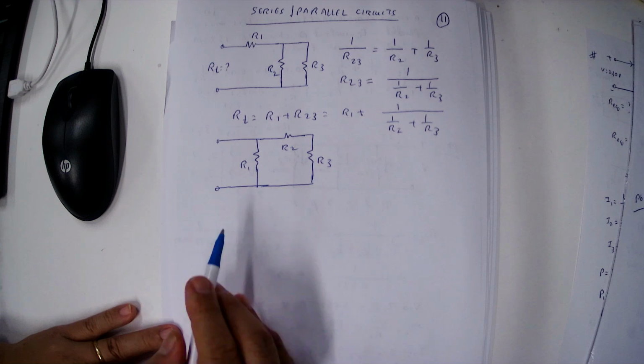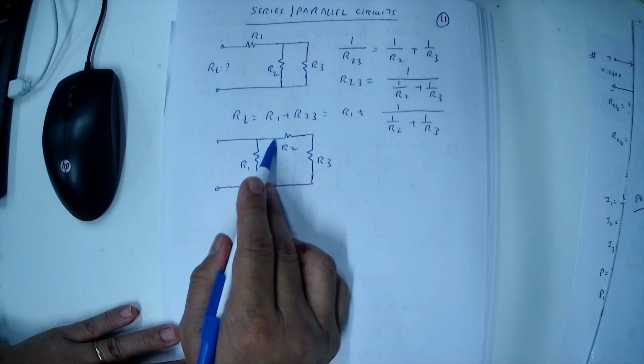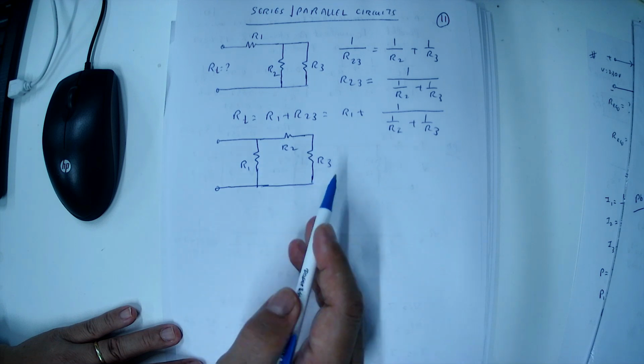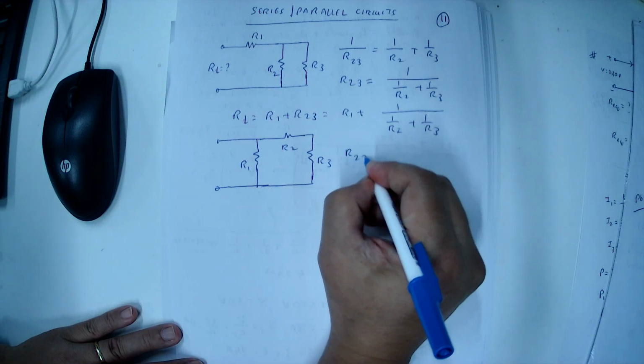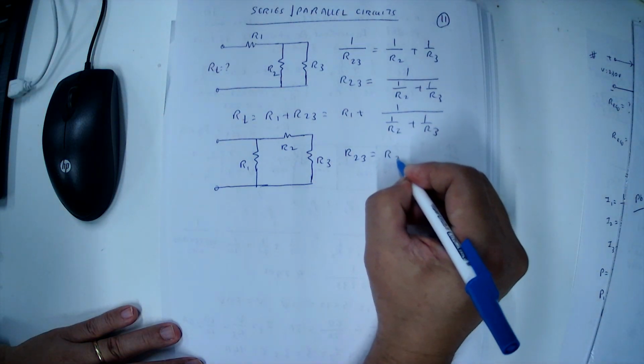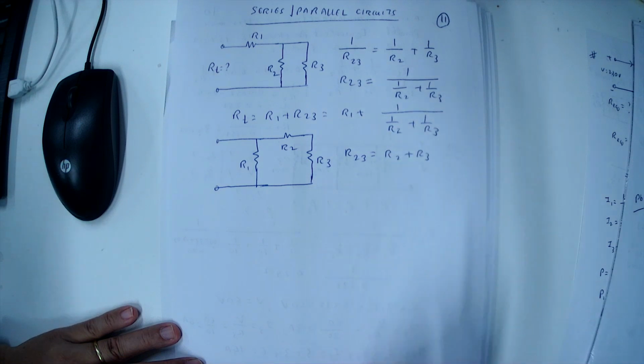So in this case, we also firstly calculate the R2 and R3 combination, R23. R2 and R3 are connected in series. Therefore, R23 equals R2 plus R3. So this is the way we get it.